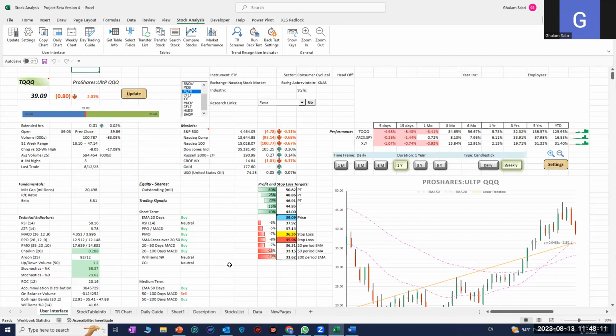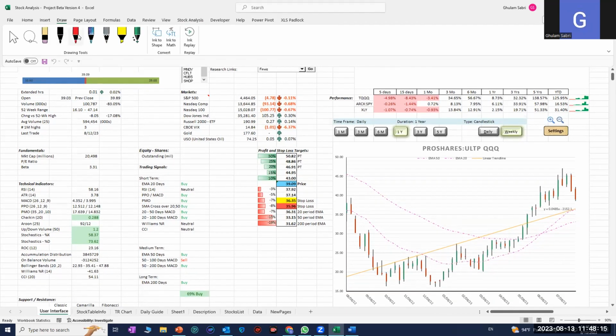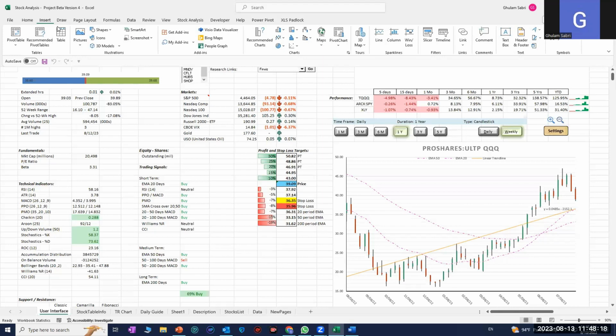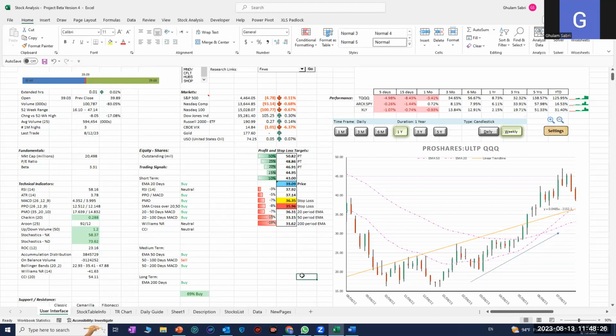And you can use Excel, for example, if you want to draw some lines here, you can draw using Excel shapes. For example, an arrow line. Hey, this is an arrow. There you go. So you can use Excel features to work on the worksheets and your own data.